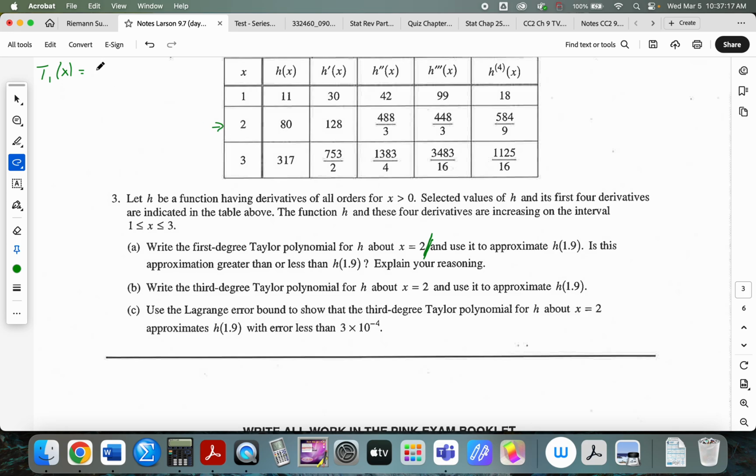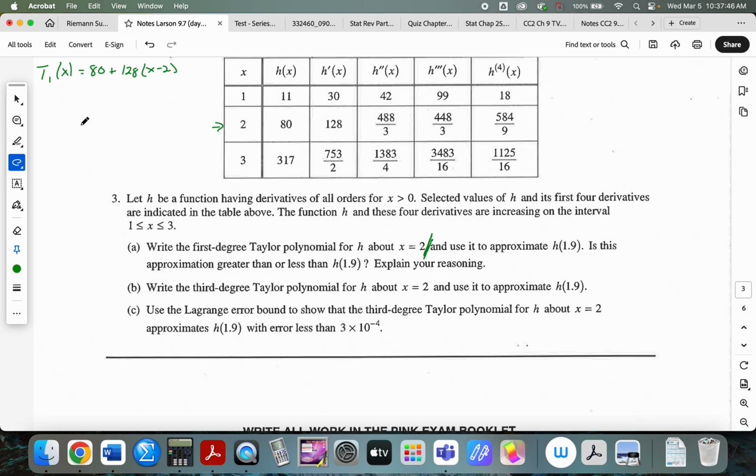So it's going to be the original function, 80, plus 128 over 1 factorial, so that'll be 128 times x minus 2. A first degree Taylor polynomial is the tangent line approximation. It's just point-slope.